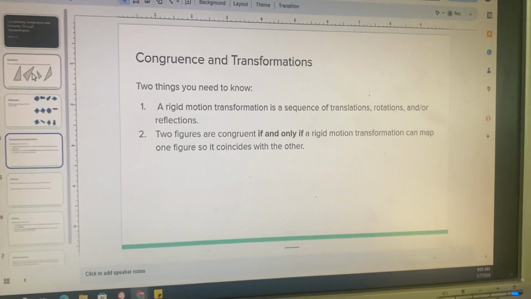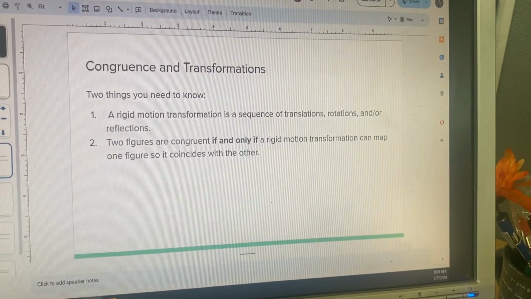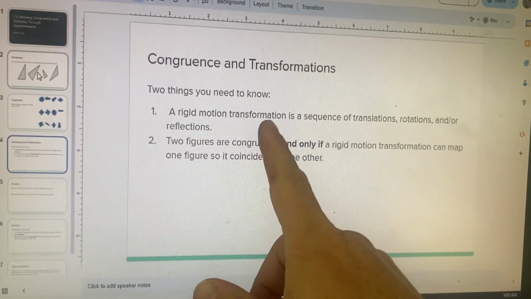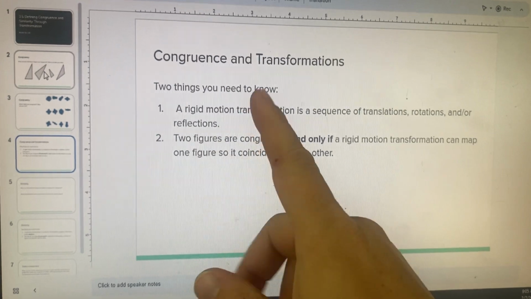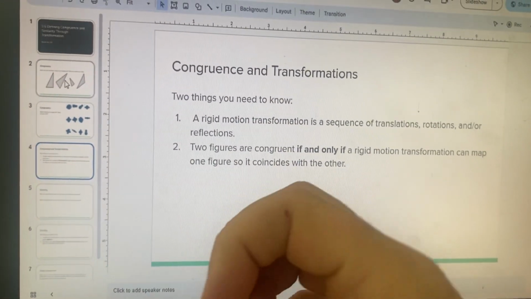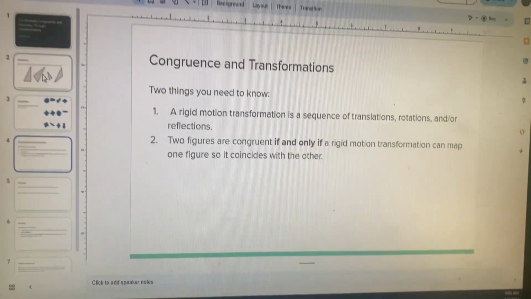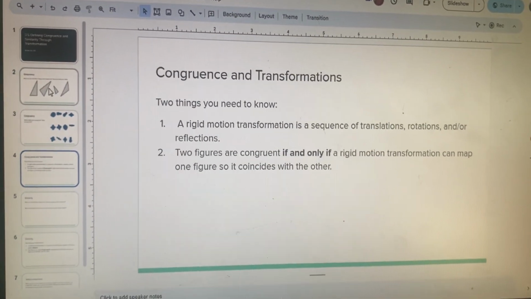So this is something that you need to make sure you put in your notes, memorize, and understand for the upcoming exam. Number one: a rigid motion transformation is a sequence of translations, rotations, or reflections. When it's a rigid motion, it does not change the shape in any way. The only transformation we've done that hasn't been a rigid motion was dilations.